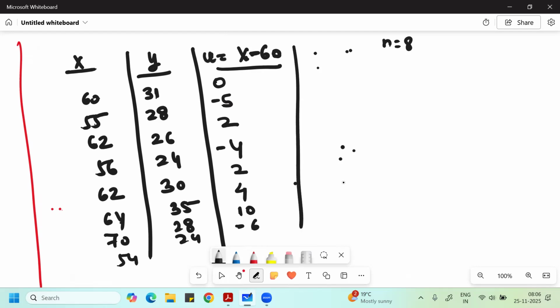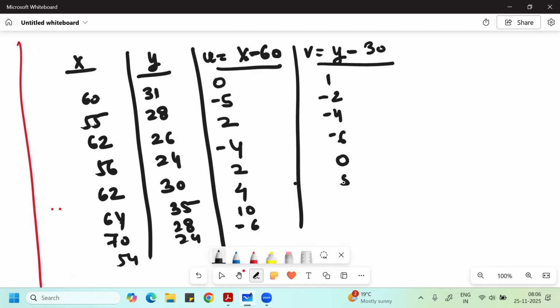And then I write another variable v equal to y minus 30. So 31 minus 30 is 1, 28 minus 30 is minus 2, 26 minus 30 is minus 4, 24 minus 30 is minus 6, 30 minus 30 is 0, 35 minus 30 is 5, 28 minus 30 is minus 2, 24 minus 30 is minus 6.